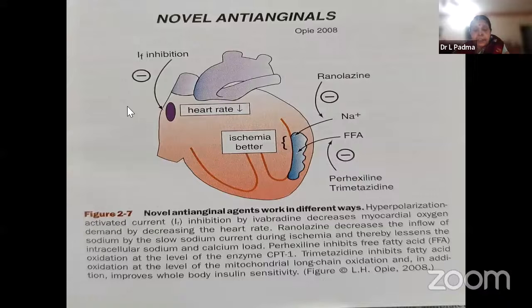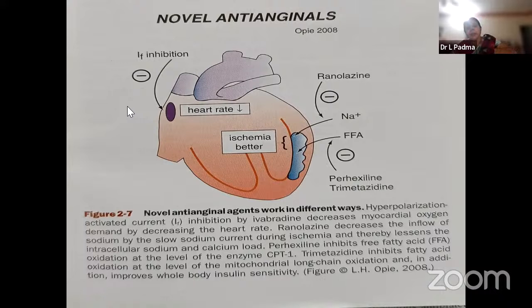Perhexiline will inhibit free fatty acid metabolism at the enzyme level, and trimetazidine will inhibit fatty acid metabolism at the mitochondrial chain level, and this can also increase insulin sensitivity. So the oral hypoglycemic agents can be reduced if at all there is a choice of trimetazidine being put in by a cardiac person.